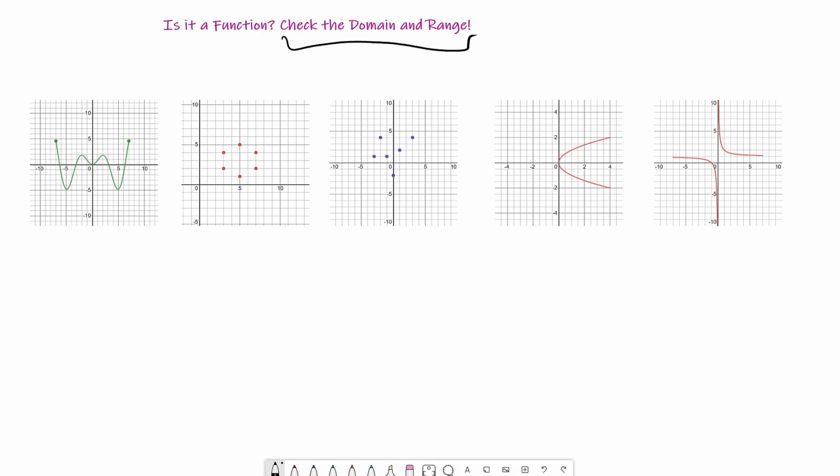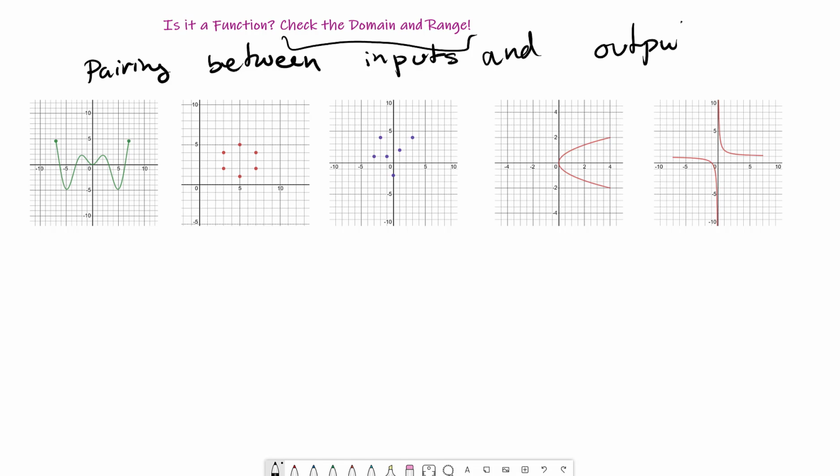So if you recall, the definition of a function is a relation or a pairing between inputs and outputs.